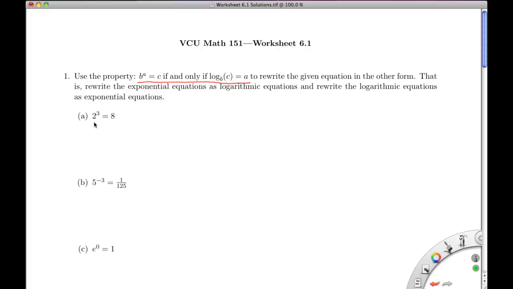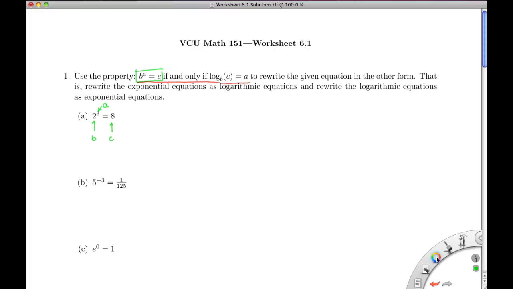If we're given 2 to the power of 3 is equal to 8, using this relationship that we're given above, we could say, well, this 2, this is our b. This is the base. This 3 is our exponent, which we're just going to call our a, and the 8 represents the c in terms of this part of our expression.